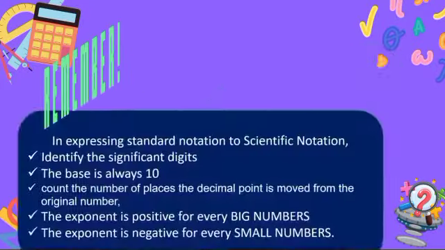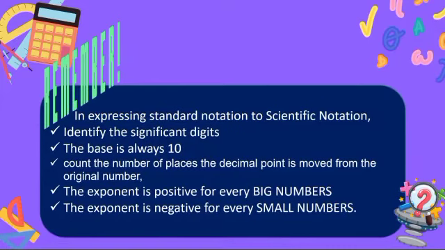So, again, remember, in expressing standard notation to scientific notation, first, identify the significant digits. Pag na-identify na natin yung ating significant digits, i-identify nyo kung saan dapat huminto ang decimal kapag minove ninyo.